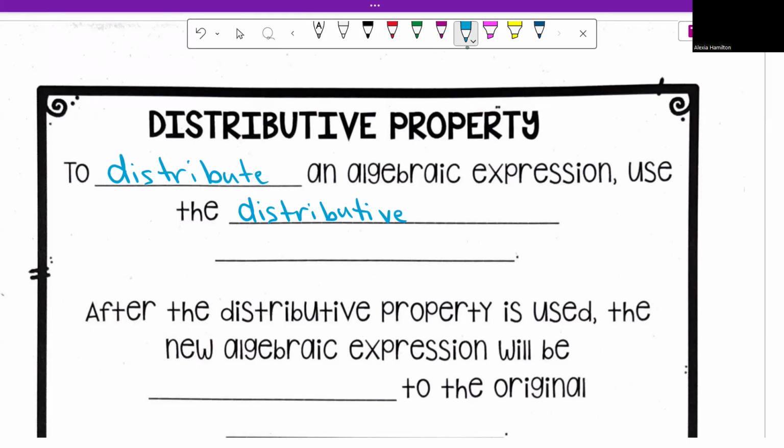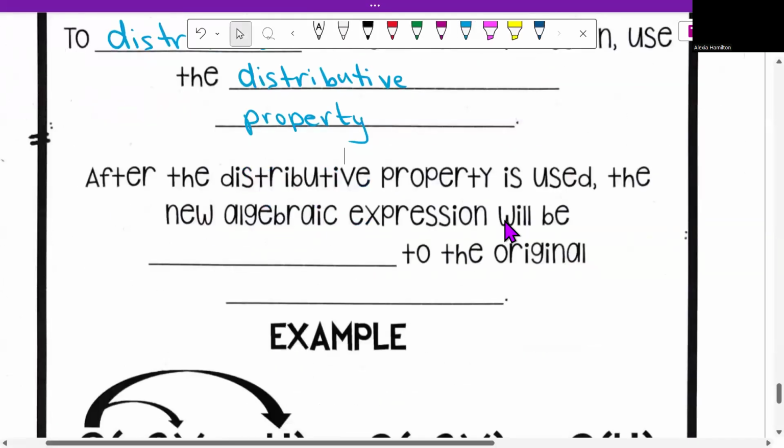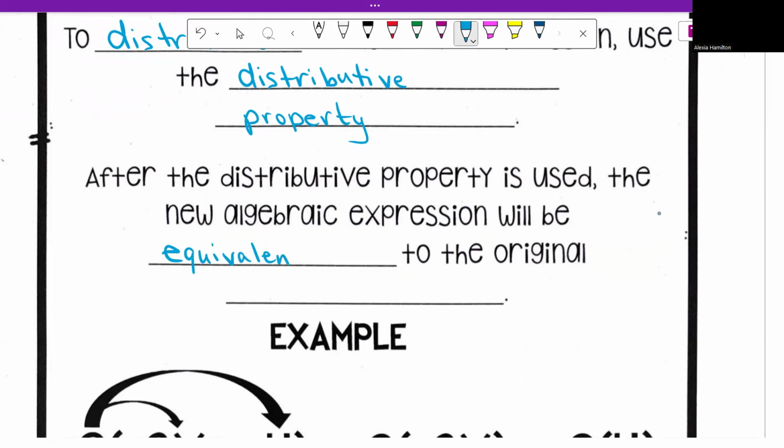I am distributing the paper. So the distributive property is distributing a number to everything in the parentheses, typically by multiplication. Okay, so then after the distributive property is used, the new algebraic expression will be equivalent. That just means same. To the original expression.